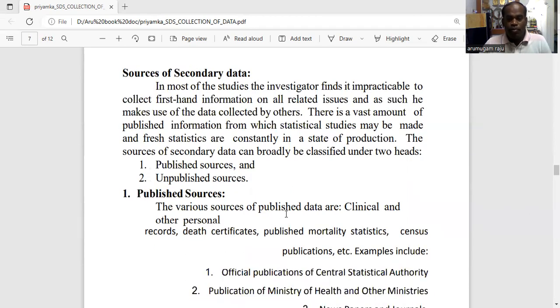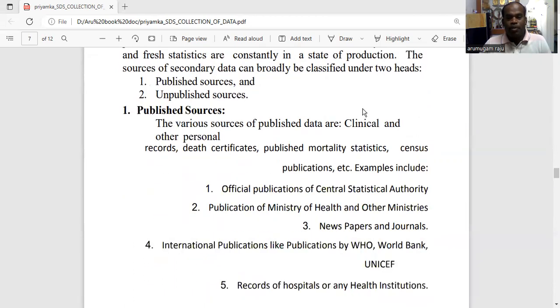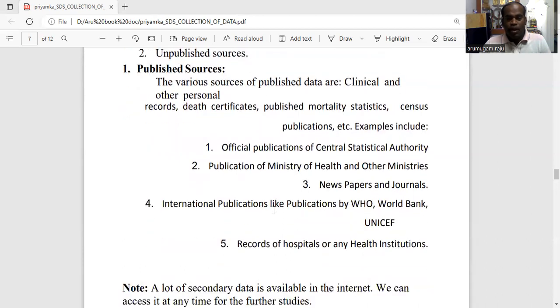The various sources of published data are clinical and other personal records, death certificates, published mortality statistics, census publications, etc. Examples include official publications of the Central Statistical Authority, publications of the Ministry of Health and other ministries, newspapers and journals, international publications like those by the World Health Organization, World Bank, UNICEF, then records of hospitals or any health institutions, etc. So these are the published sources. From these sources, we can collect the secondary data, right?